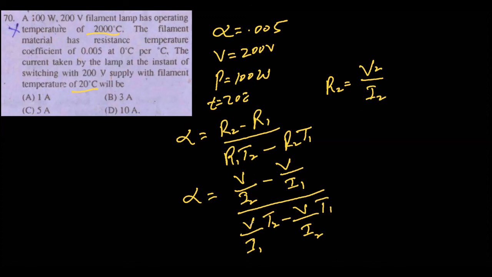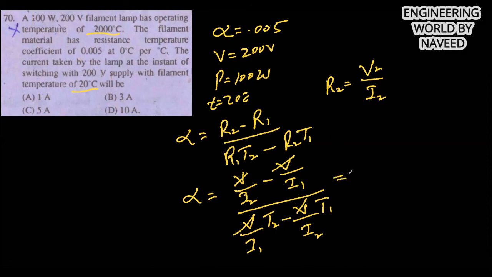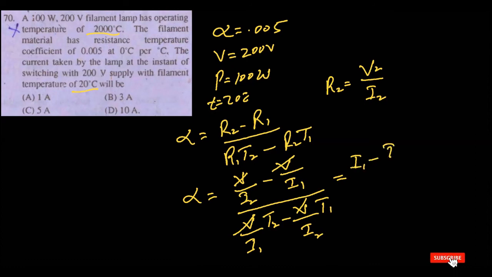Voltage is constant, so the voltage will cancel out. So this will be equal to I1 minus I2 divided by I2 T2 minus I1 T1.